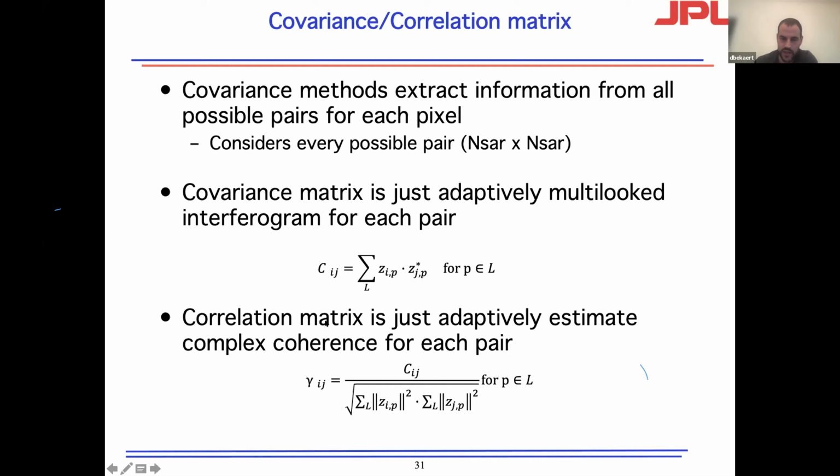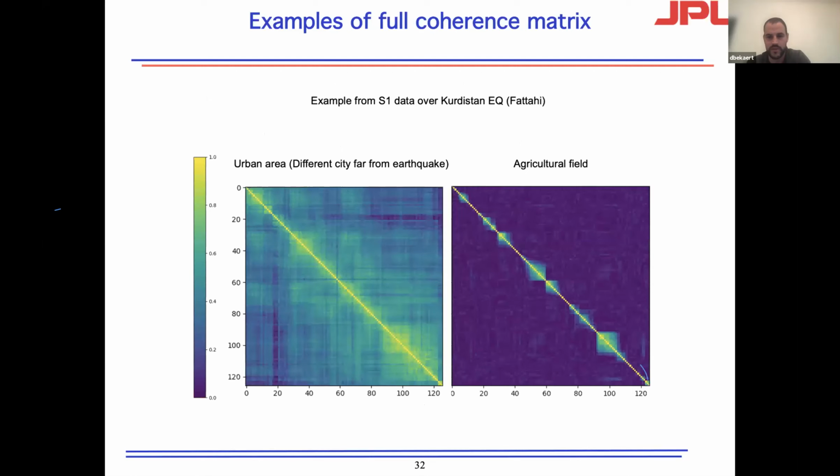To illustrate that, here are some examples made by Haresh over an urban area as well as an agricultural field. You can see the magnitude goes between 0 and 1. This is the coherence matrix. The values go from 0 to 120, which is the number of acquisitions in time.